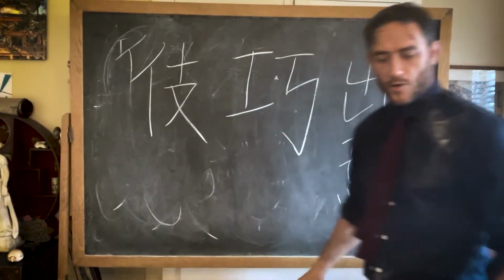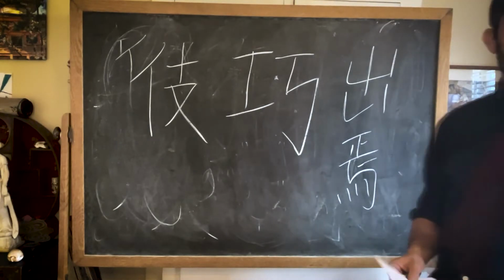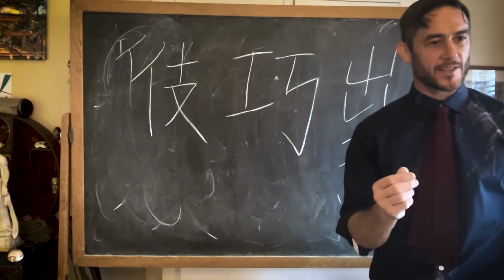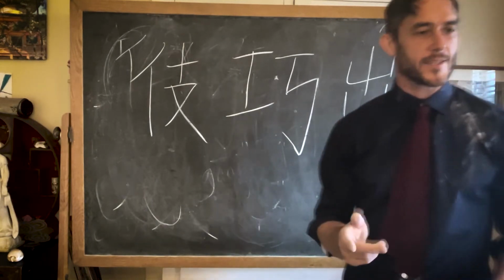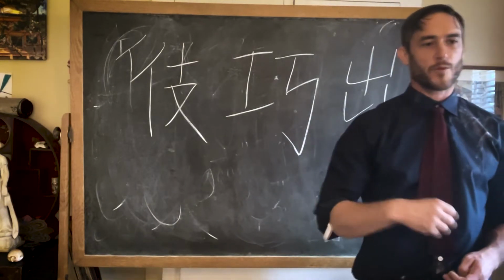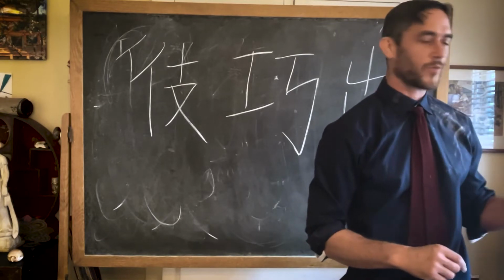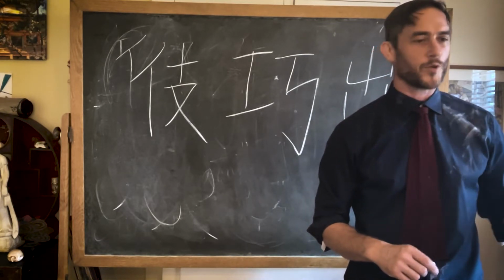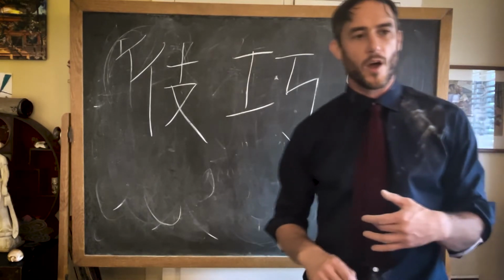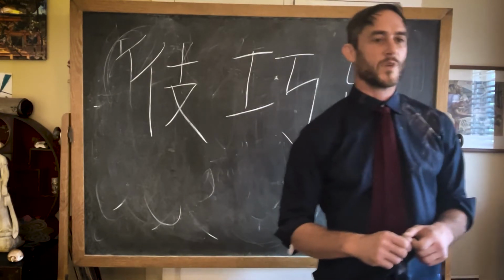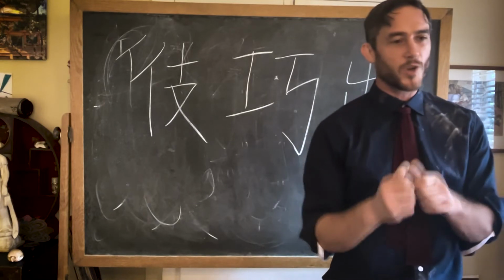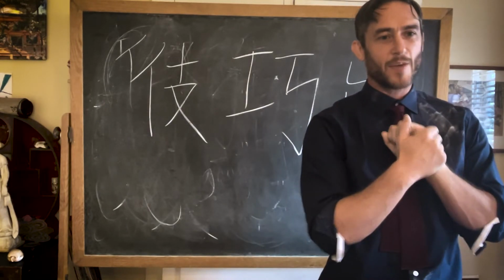This 技巧 could simply be translated as a knack at something, a skill at something. When you get really good at something, it could be anything from a magic trick to whatever it is that you practice in your daily life. Maybe you're a really good gardener, maybe you're good at knitting, which I think is a premier example, because if you don't know how to knit, you can't make anything.